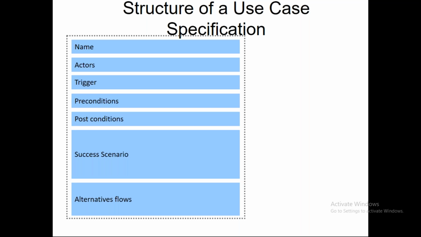So the actor would be the bank employee or the personal banker. That is how the actor would vary depending upon the requirement.